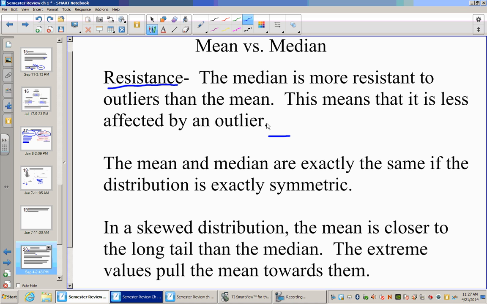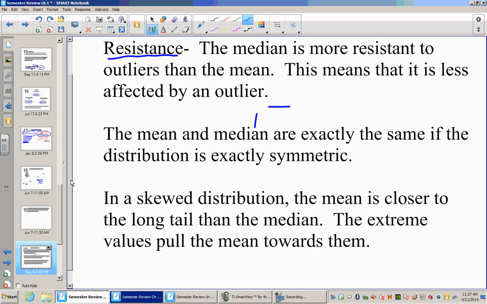So each point can throw off the mean. The mean and the median are exactly the same if the distribution is symmetric, and in a skewed distribution, the mean's closer to the tail than the median, and we talked about that earlier.